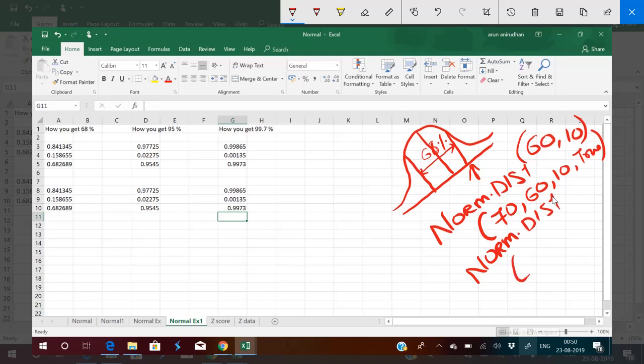Arguments will be this value, that means 50, 60, 10, true. Okay, so you got two values. So subtract this value minus this value, you'll get it.